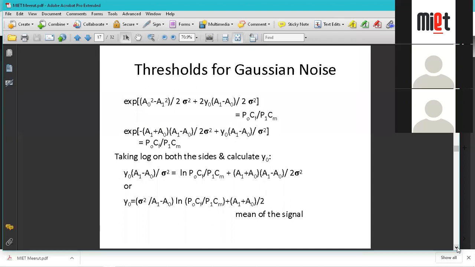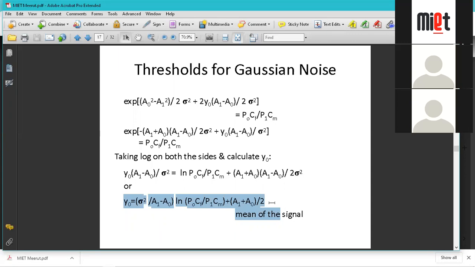Now, thresholds for Gaussian noise. Further, if you see the calculation, by taking log on both sides to solve the exponential, at the end, the last equation gives you y naught equal to sigma square over a1 minus a naught times log, etc., etc. And see the last part of it, (a naught plus a1) by 2.